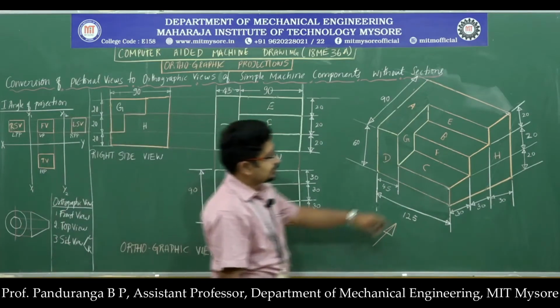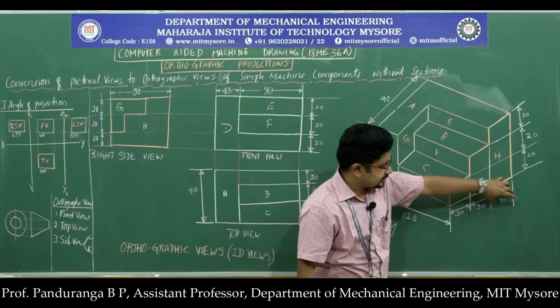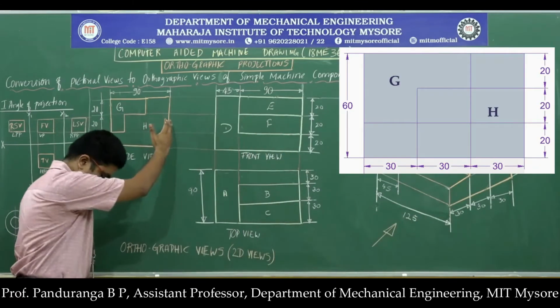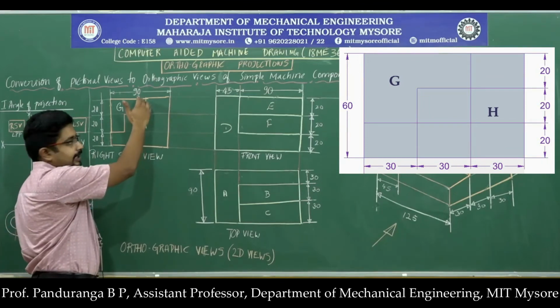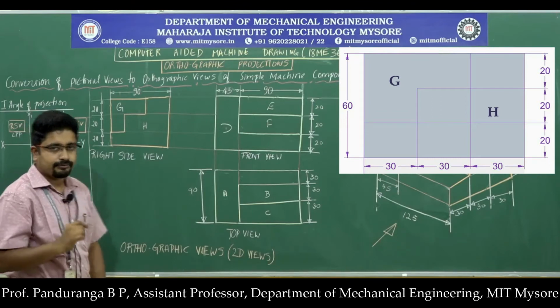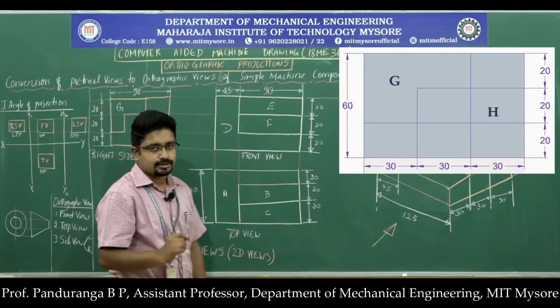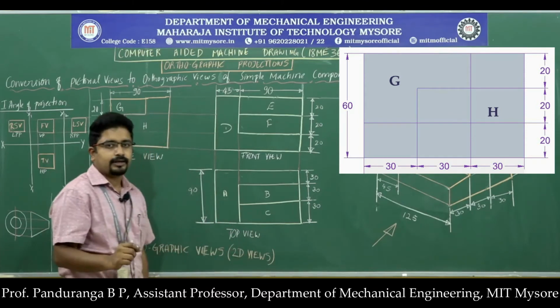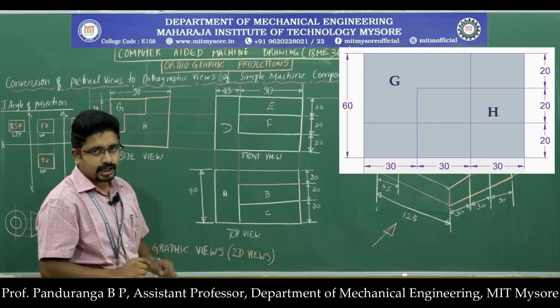For that, the first vertical line is at a distance of 30 mm from this edge. So from here I will measure 30 mm and then I will draw a thin vertical line. Remember, when you are constructing, the lines should be thin lines. Once the construction is over, then you need to identify the visible edges and darken them.